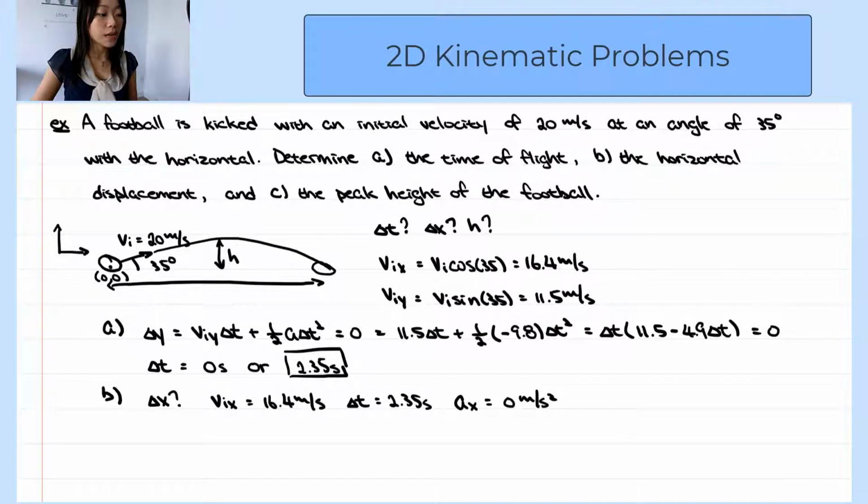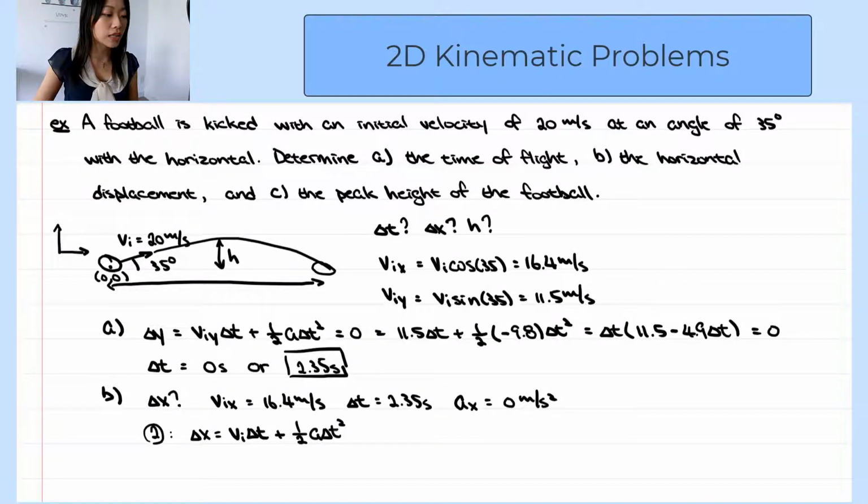Then we can use the kinematic equation that has delta x and the other knowns. For example, the second equation. Delta x equals initial velocity times delta t plus half times acceleration times delta t squared.